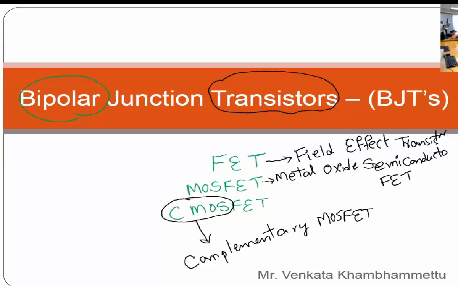Again, the advancements go in terms of speed, how fast the transistor is operating, and in terms of efficiency, meaning loss of power. If the transistor is highly efficient, there is not much power that the transistor is wasting when you're controlling something.